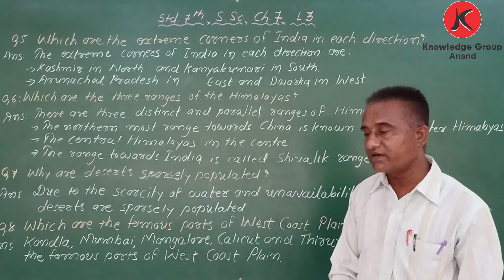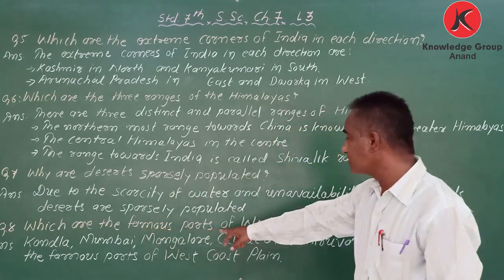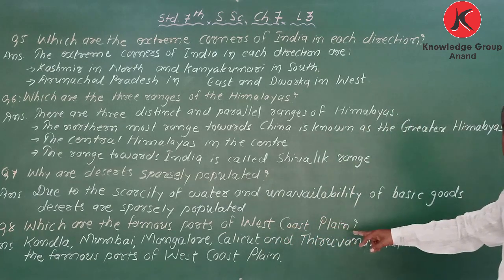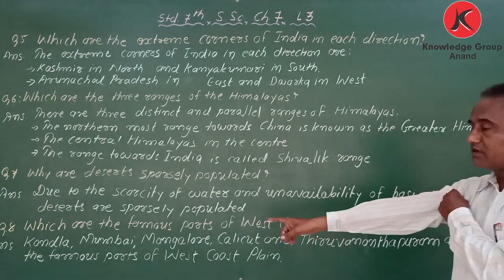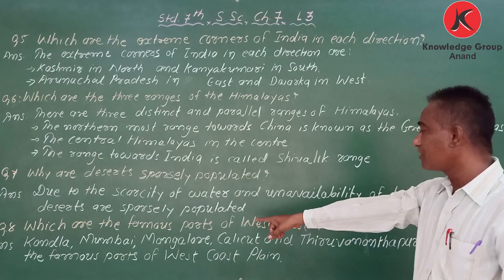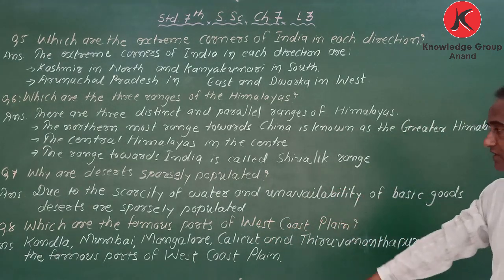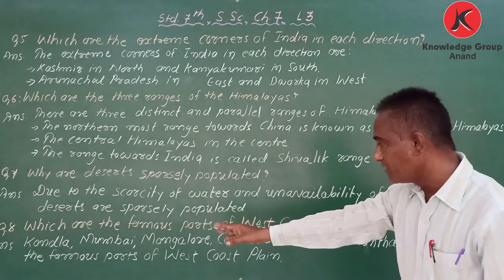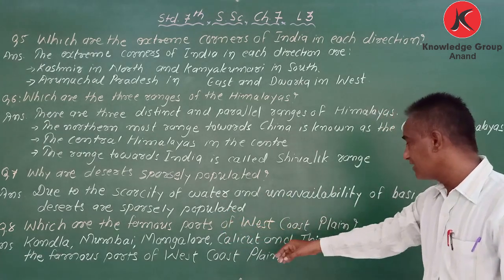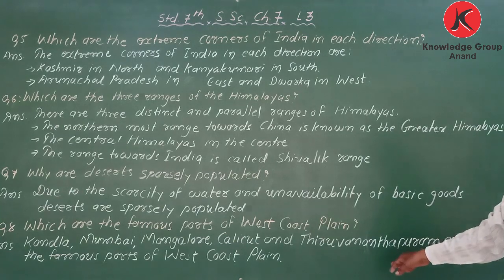Okay, next one. Which are the famous spots of the West Coast Plain? Answer: Kandla, Mumbai, Mangalore, Calicut, and Thiruvananthapuram.